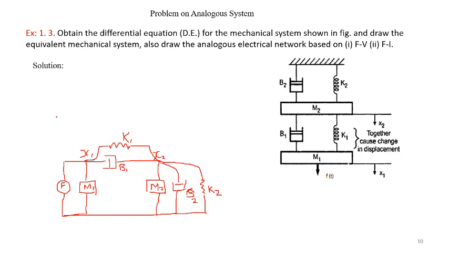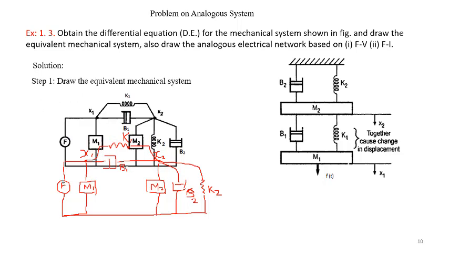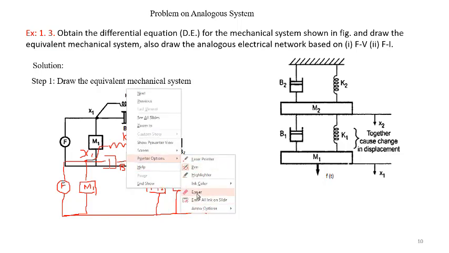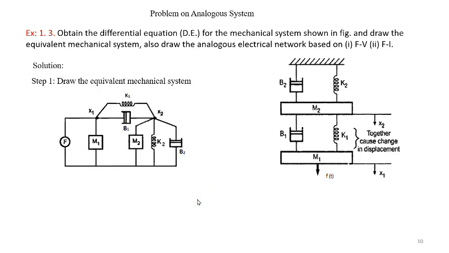To make you understand how to draw it neatly, here we have the diagram. This is the force input F1. To avoid overlapping, I will erase this one. Here you can see the X1 node and X2 node. From X1 displacement we have mass 1. The input is from the source F, and it reaches node X1.